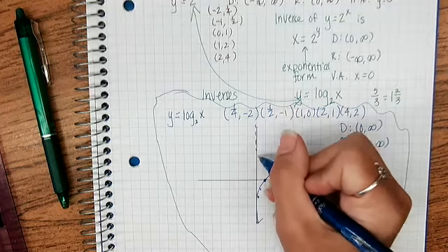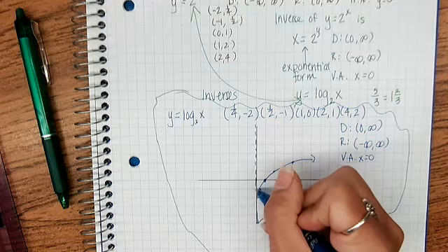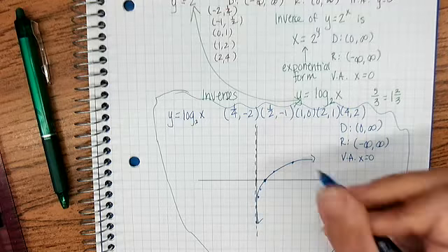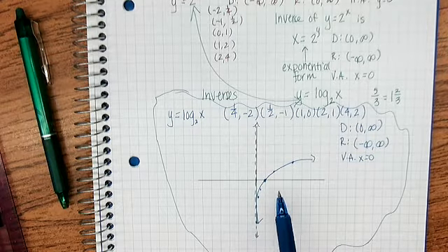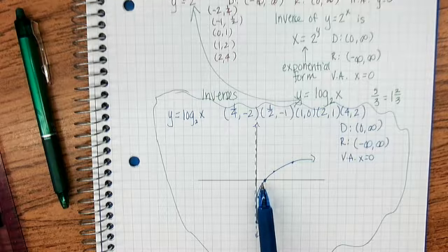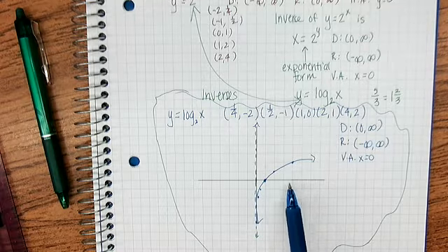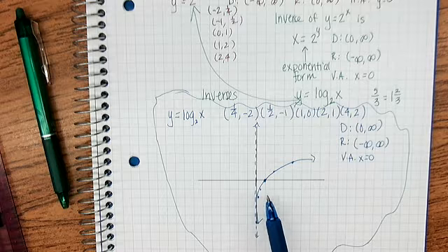And then draw in your vertical asymptote. Y equals log base 3 of x is very similar. They all go through 1, 0, but instead of going through 2, 1, it goes through 3, 1. And then instead of going through 4, 2, it goes through 9, 2.